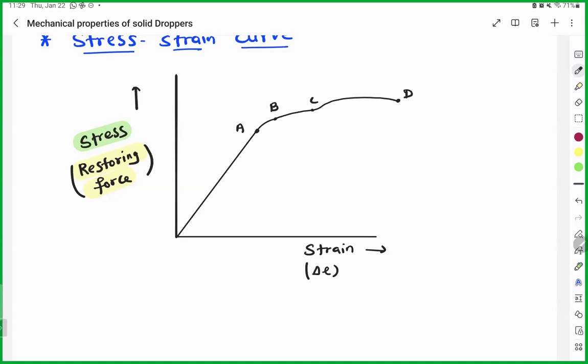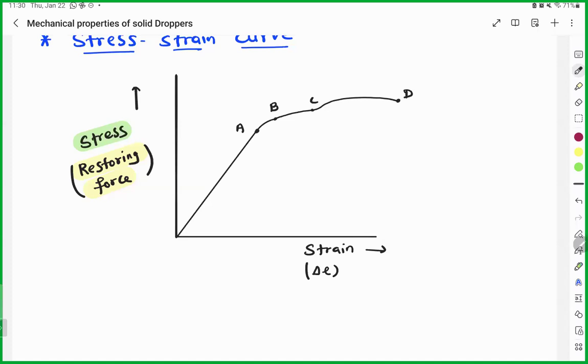Any doubt, guys? No, sir. Up to B, if you apply external force, the spring will come back to the original position.